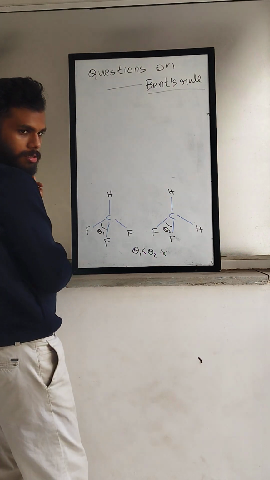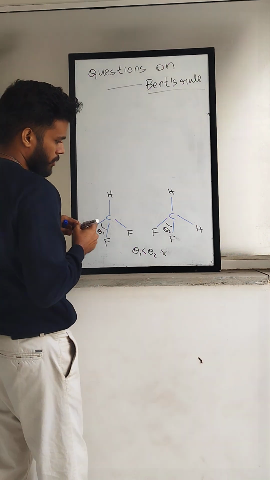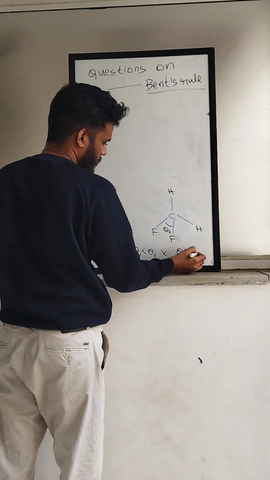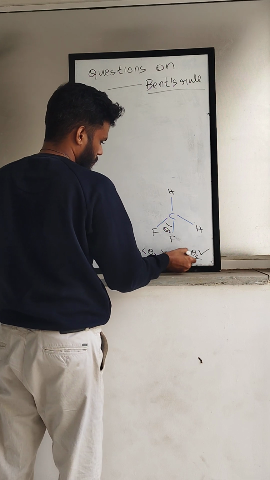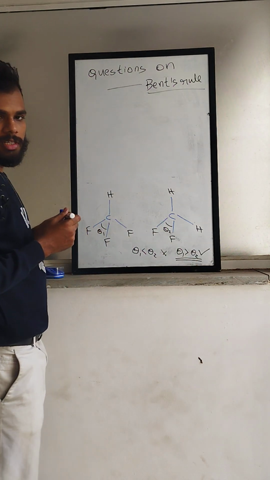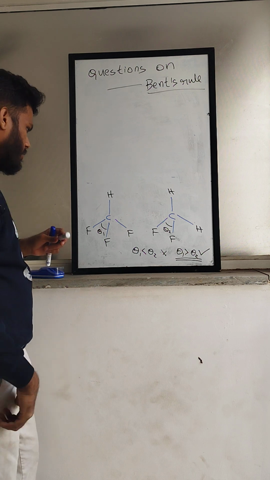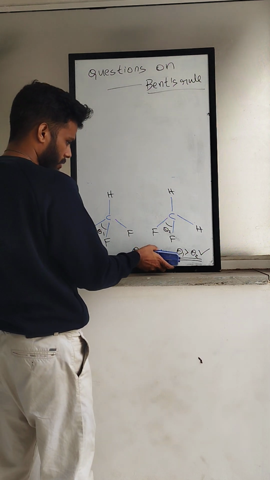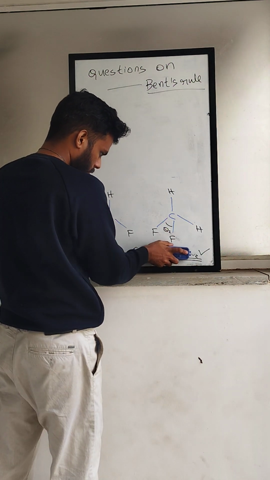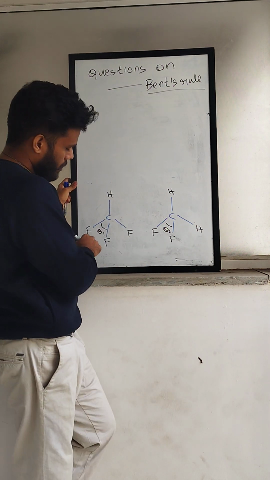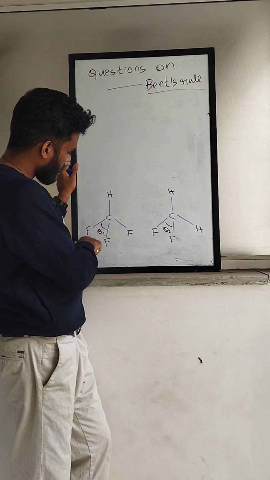So what is the answer, right? The answer is actually the opposite of it. The answer is theta 1 greater than theta 2. Okay. Now we will see why that is.